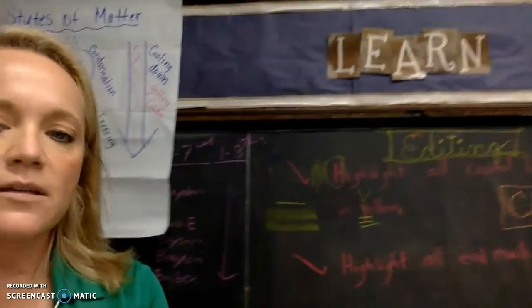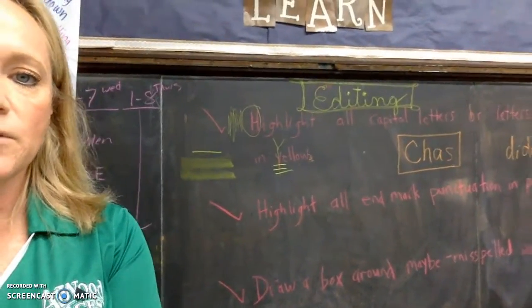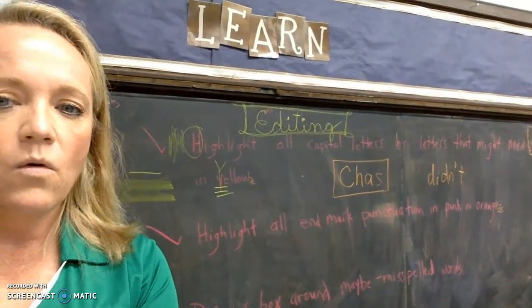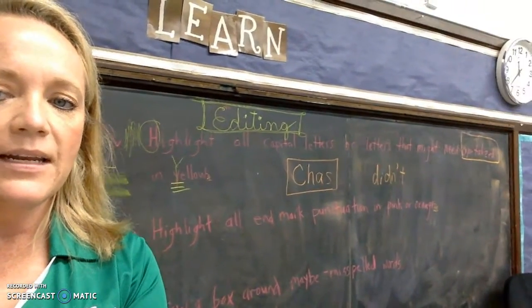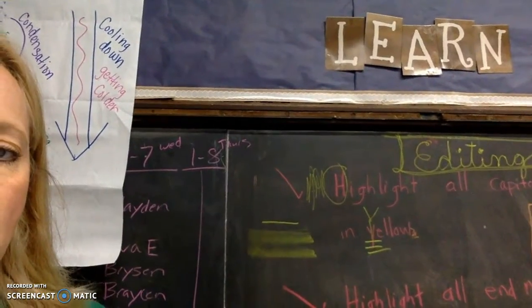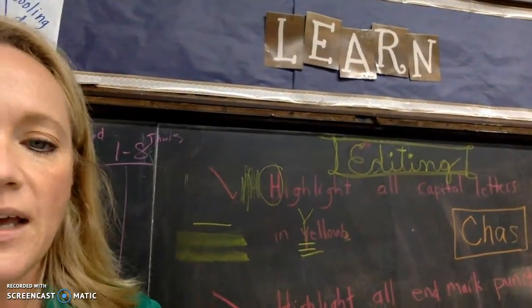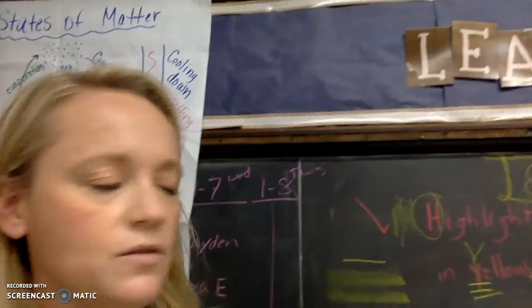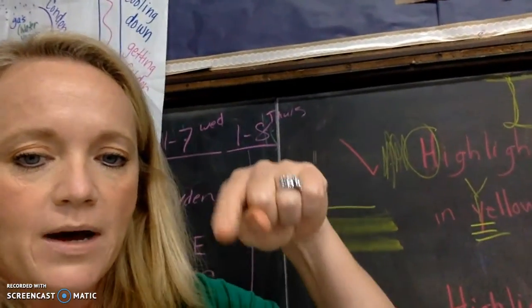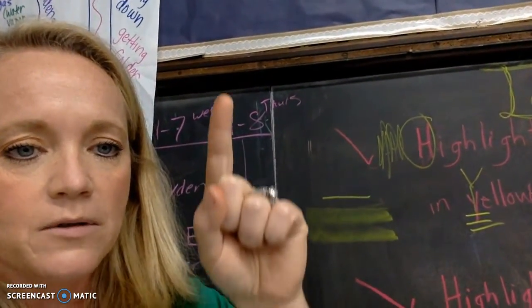So we had 3 things we were editing for today. The first one is to highlight all the capital letters or letters that you think might need to be capitalized in yellow. And you do this by going through each of your 4 paragraphs one at a time and start from the bottom and go backwards up.